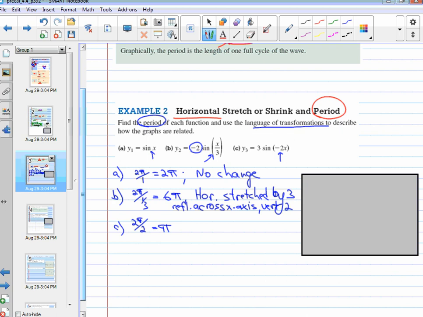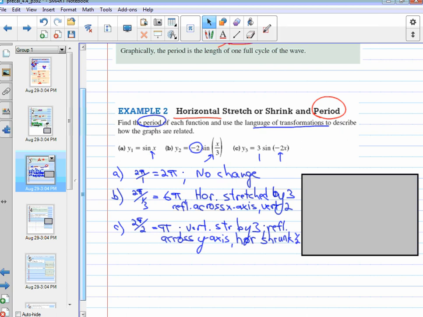And this one down here has been, I'm going to start at the beginning, vertically stretched by 3. Vertical stretch by 3. You heard it, so you can interpret my horrid writing on it. What has this negative done? Reflected across the y. And it has been horizontally shrunk. It's going to be 1/2.